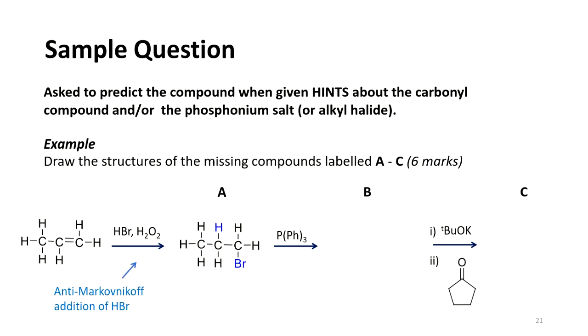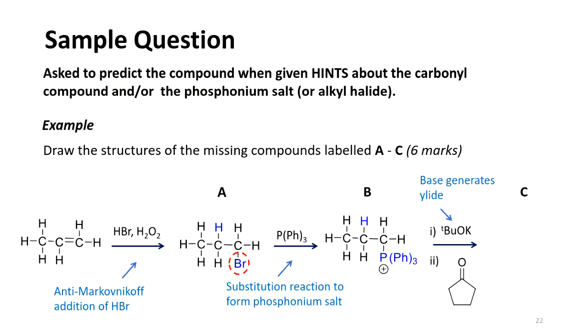So let's go through this question. Here we have our anti-Markovnikov addition of HBr. We end up with our alkyl halide, 1-bromopropane, and we react our alkyl halide with triphenylphosphine, and that will give us our phosphonium salt.